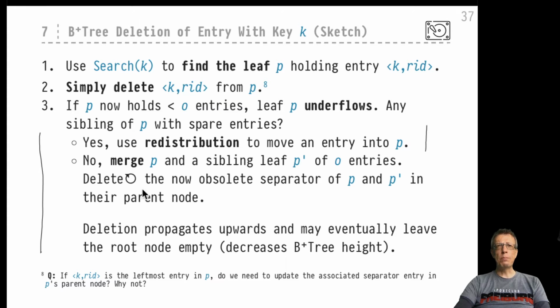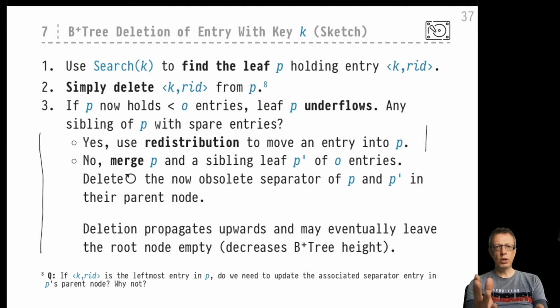Such deletions may propagate upwards the tree even up to the root node. And the deletion of a separator may leave a root node empty. Recall that there is no minimum occupancy for the root node. The root node may only hold a single entry. We have seen it before in our examples. Deleting that one entry from the root node will leave the root node empty.